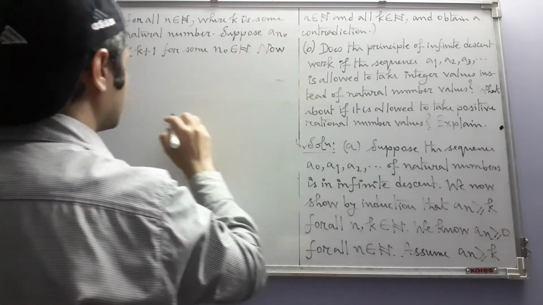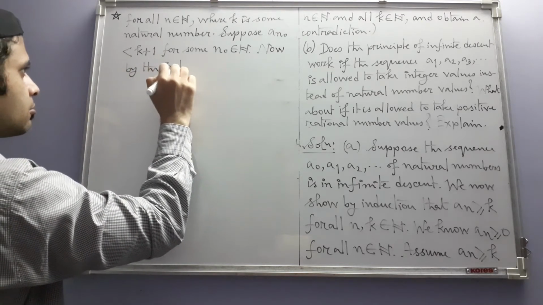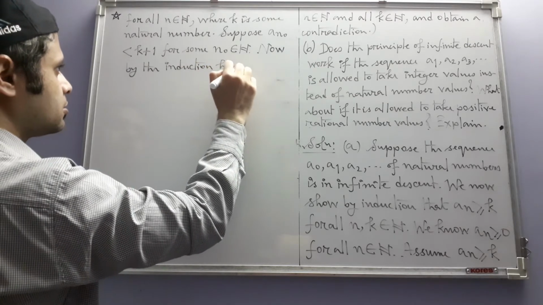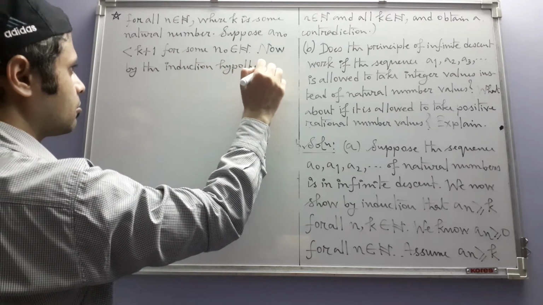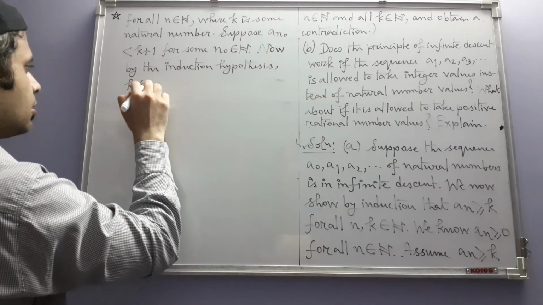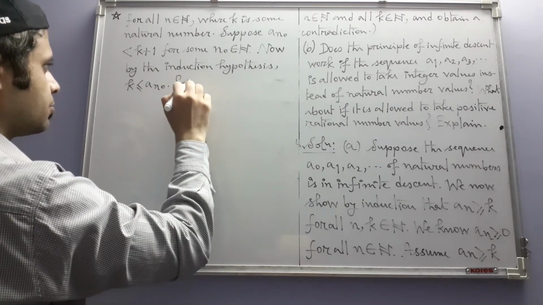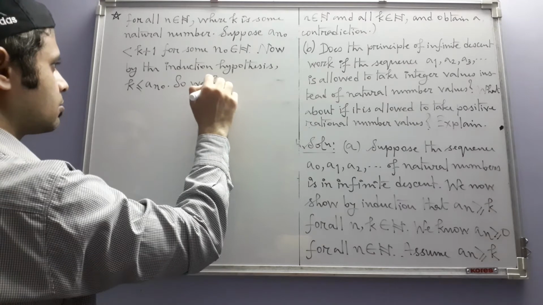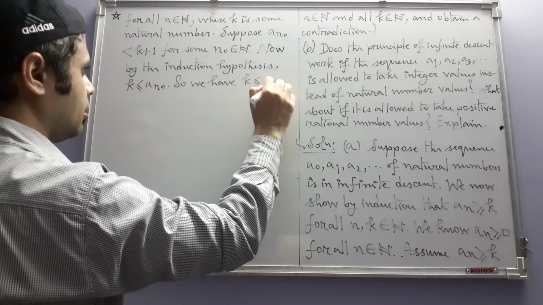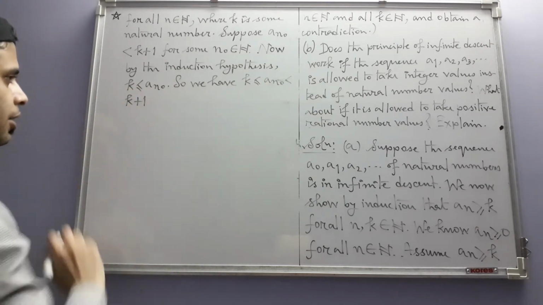Now by the induction hypothesis, k is less than or equal to a_n0. So we have k less than or equal to a_n0, and this is strictly less than k plus 1.